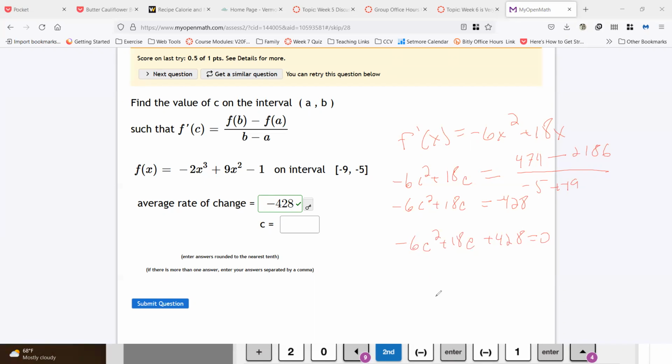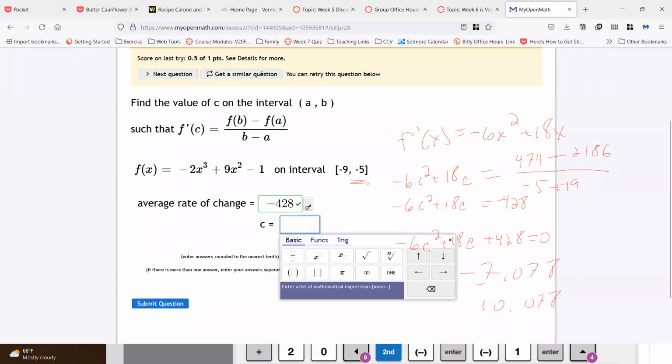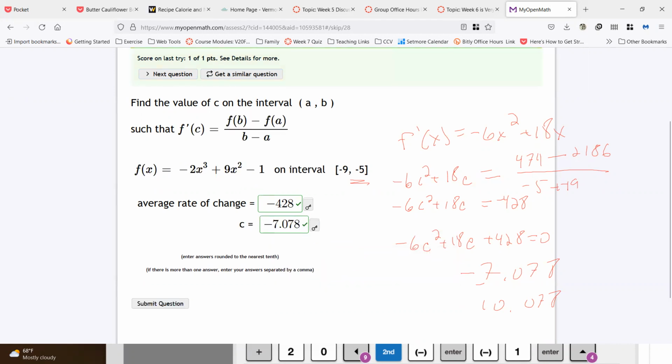I got negative 7.078 and 10.078. Because we were on that interval, we want to use the negative value. Let's see if that works. Negative 7.078, that's what my calculator is telling me. We'll see if it likes it. Excellent. I love it when I get those green checks.